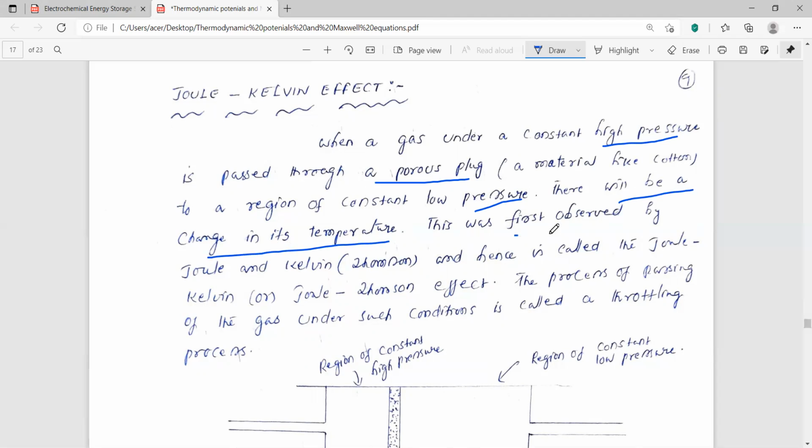This was first observed by Joule and Kelvin, and hence it is called as Joule Kelvin effect or Joule Thomson effect.